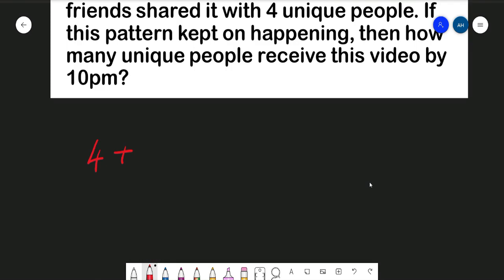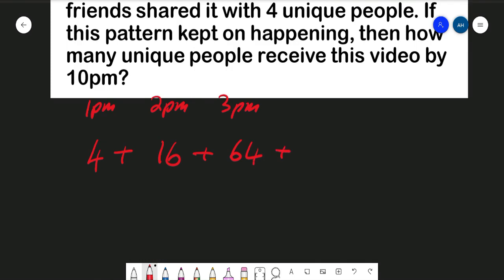This is for 1 p.m. Now at 2 p.m. the number of people who received the video becomes 16. Now at 3 p.m. these 16 people, each one of them shared to 4 unique people, so the number of people who received the video is 64 persons.